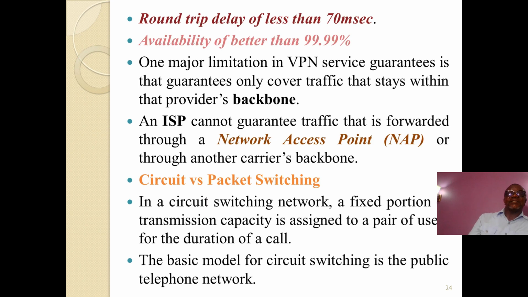So we say that for this MPLS, it gives an availability of better than 99.99%, that is 4 nines. In other words, you can get 5 nines, you can get 6 nines, and more. So it is very, very acceptable.